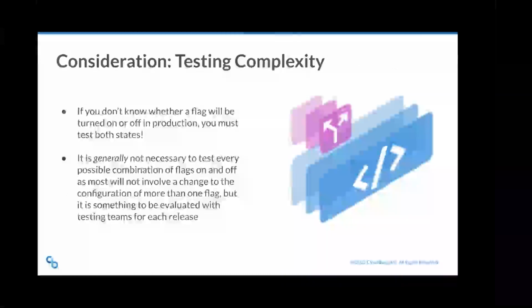So there is one consideration, which is test complexity. At the time that a given deployable artifact is moving through a CD pipeline, we can't know whether the toggle will be, at some point, turned on or off in production. Of course, that's the whole point of feature flags: you're not really sure when they'll be turned on for production.